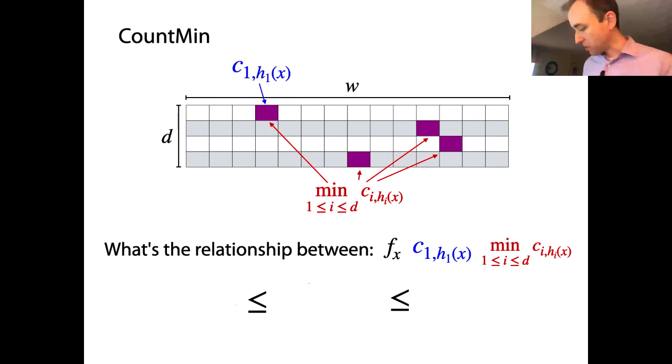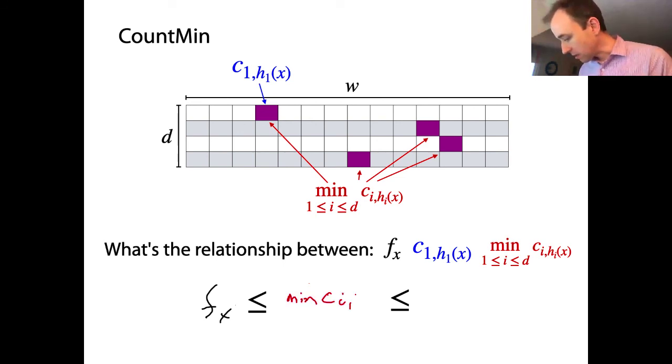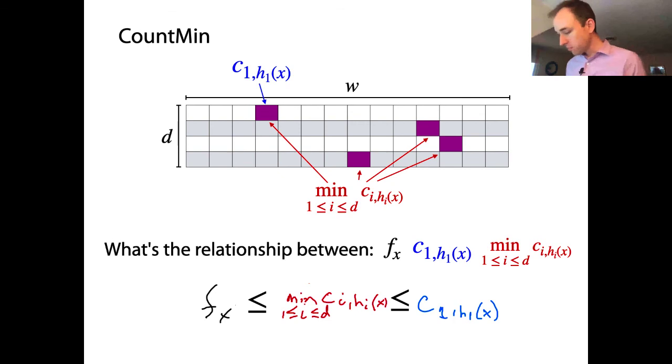So now we can put the 3 things in order. Okay, so f sub x is the smallest, the next largest is that min, the min of c sub i, comma h sub i of x over all the i's, over all the rows. And then the count we get just from the first row is over here. Okay?